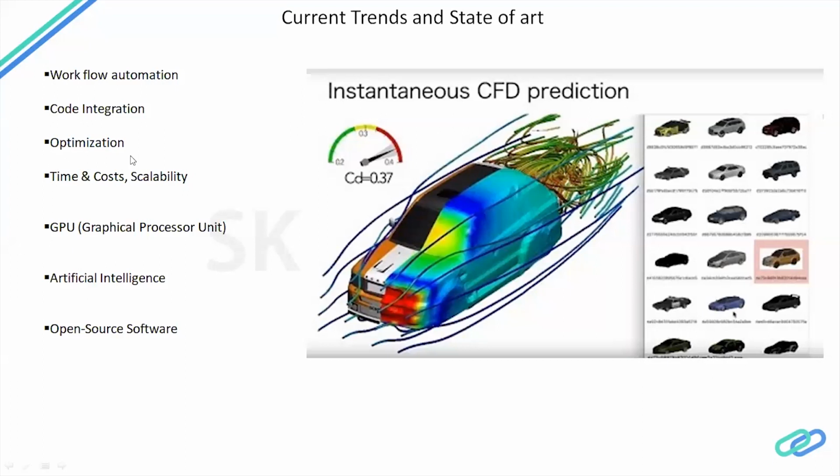And this is optimization. Optimization is about when we receive one geometry, we identify the CD of this. Let's say we got 0.5, or here we got 0.37, let us assume. People say the air resistance is very high, so we want to reduce the air resistance, let's say from 0.37 to 0.3.